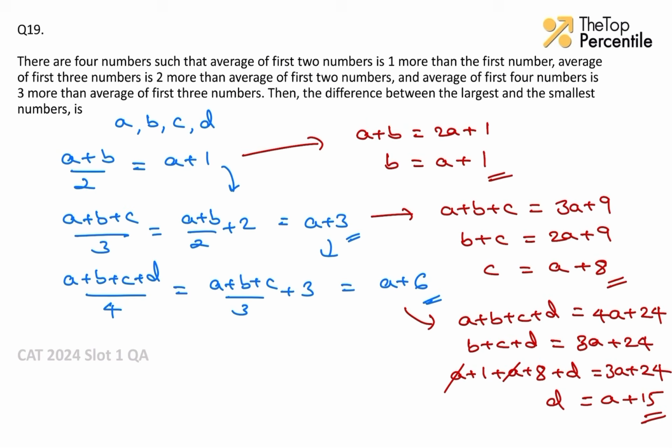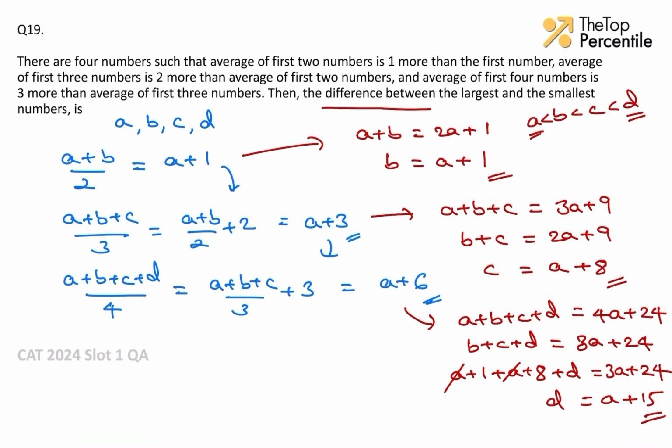So we can clearly see that if A is the smallest number, then B is greater than A, then C is greater than B, and D is greater than C. So D is the largest number and A is the smallest number.